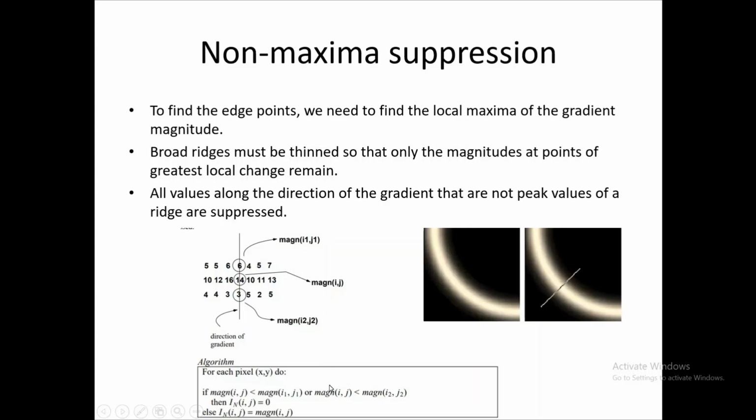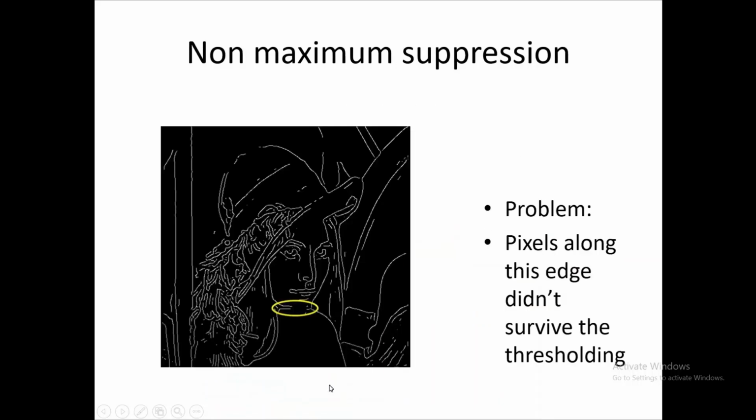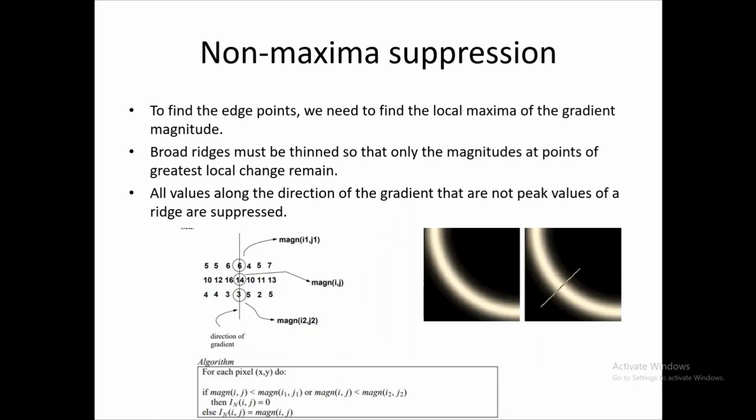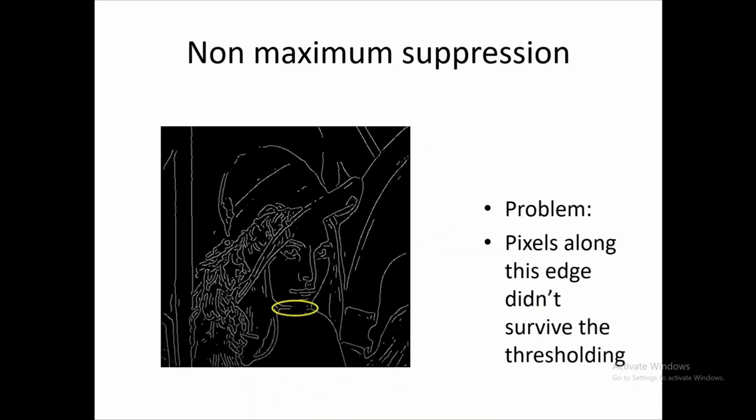So what happens is we get the thinned image. However, the thinned image also comes with some problems, like the pixels along the edge didn't survive the thresholding. We can see here that the edge got discontinued in this area, so it may also come with some problems.